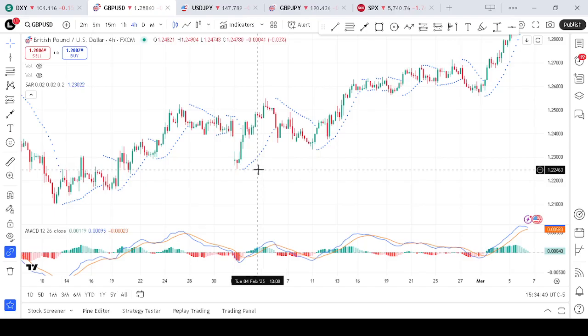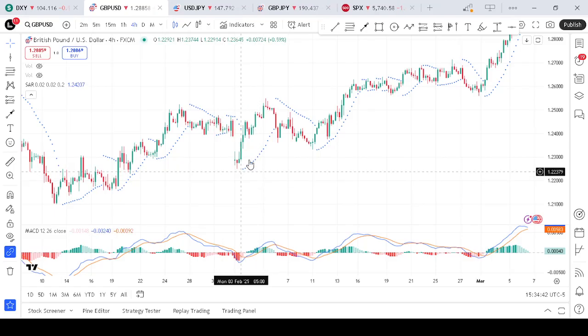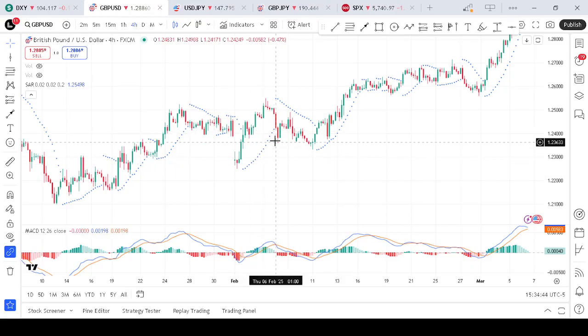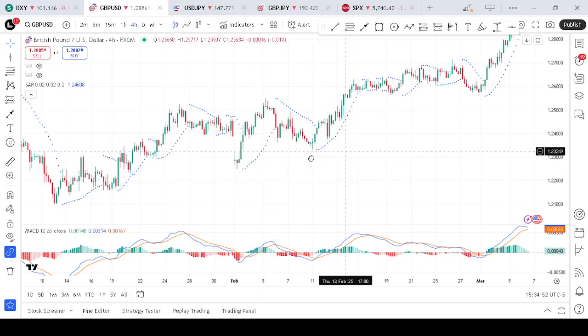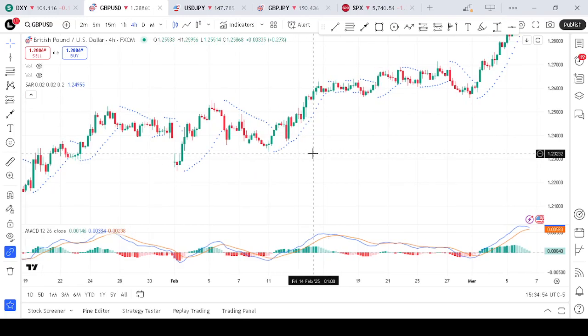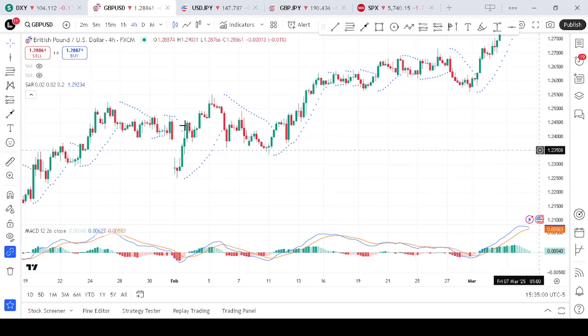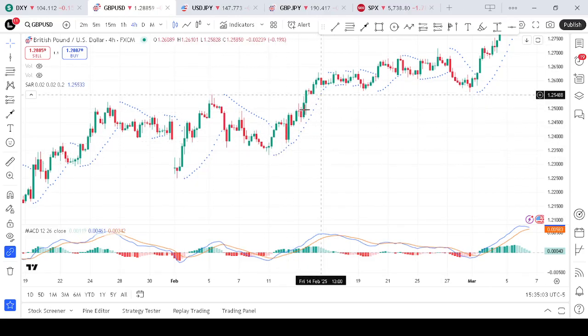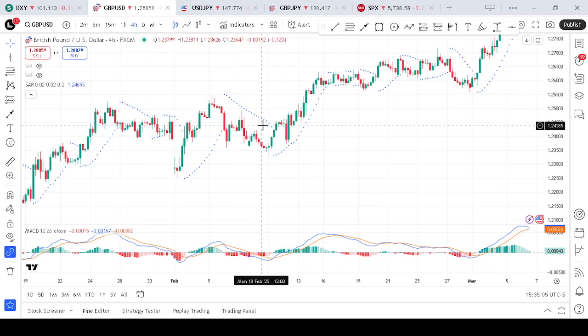The Parabolic SAR appears as a series of dots above and below price, as you can see from the chart. When the dots are below the price, we are looking for a potential uptrend.